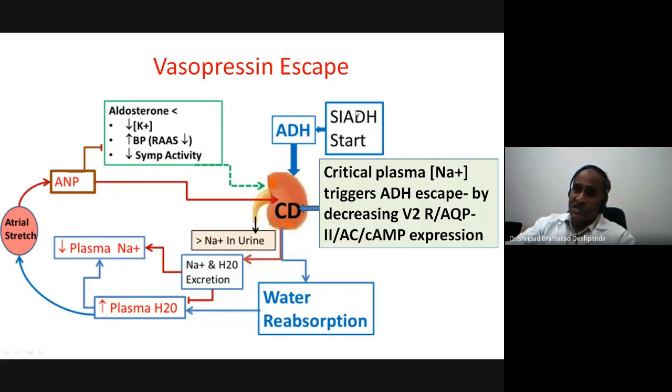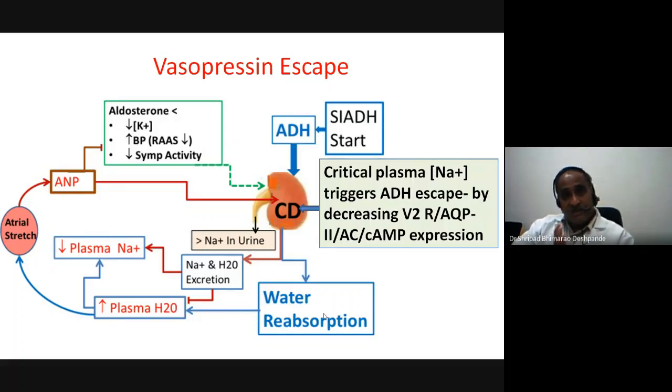Now that is a condition of SIADH. Now what happens? The ADH activates the collecting duct, stimulates the V2 receptors, cyclic AMP, protein kinase, and then opens the aquaporin 2 channels, and that allows water reabsorption from the medullary interstitium and then into the blood.